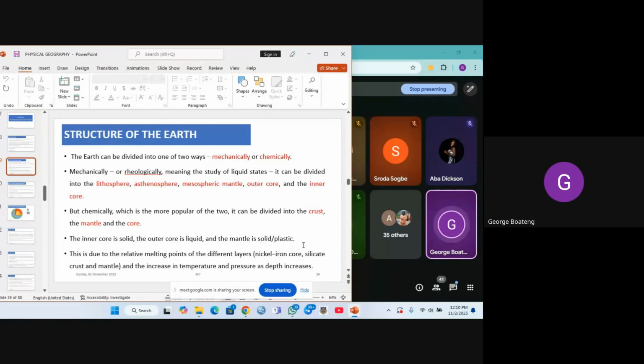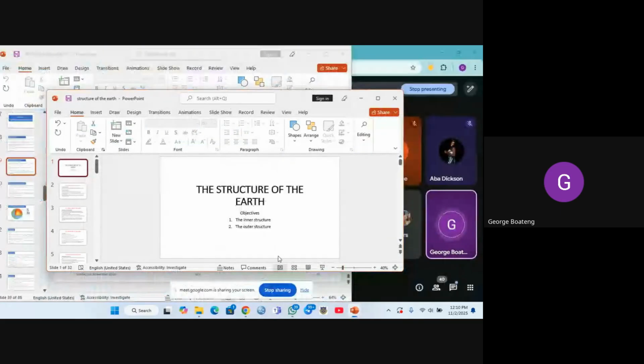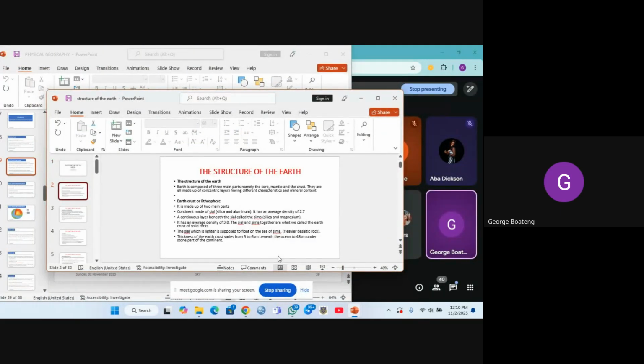So the internal structure of the earth is mostly divided into three: the core, the mantle, and the crust.